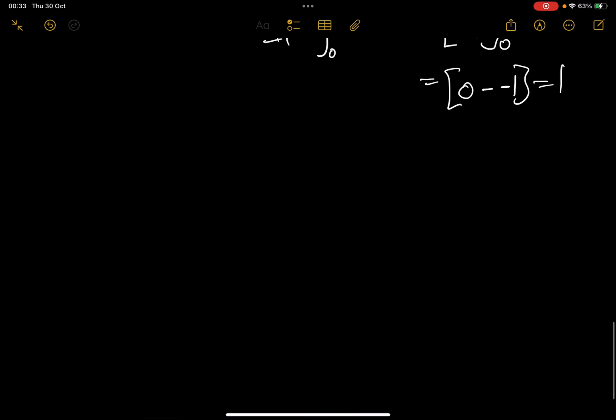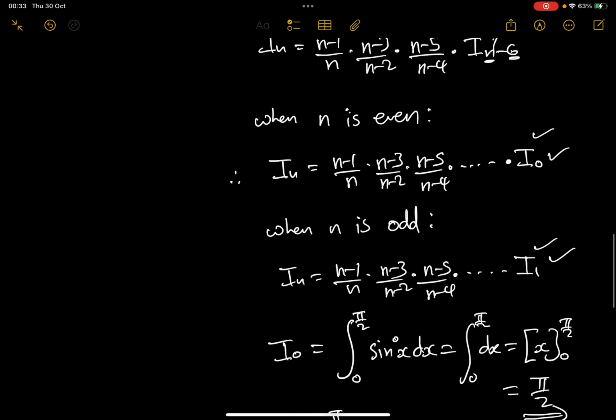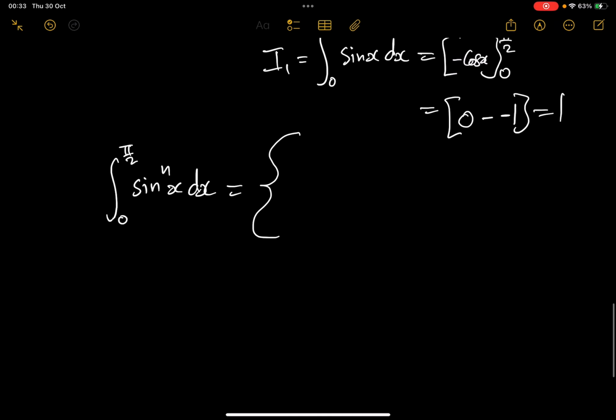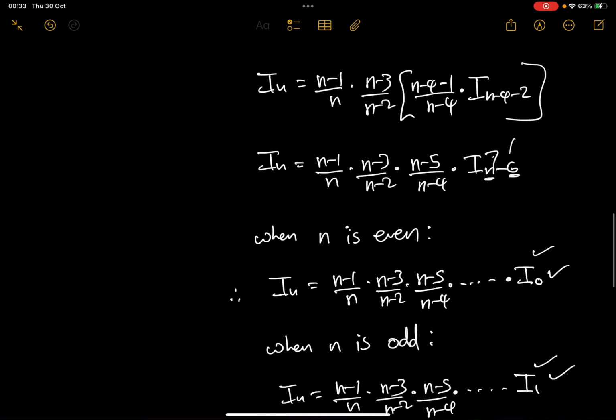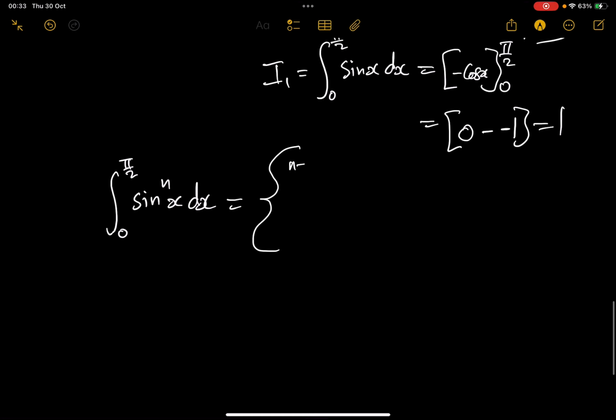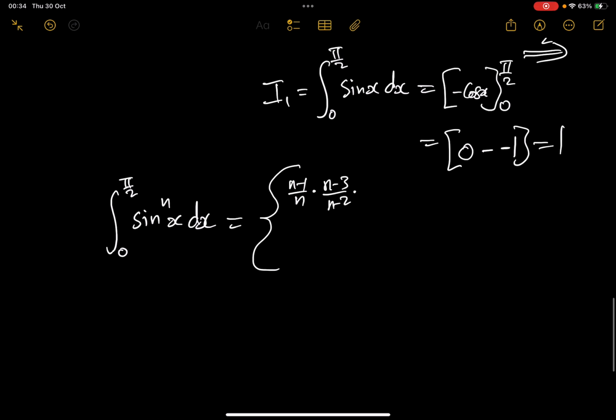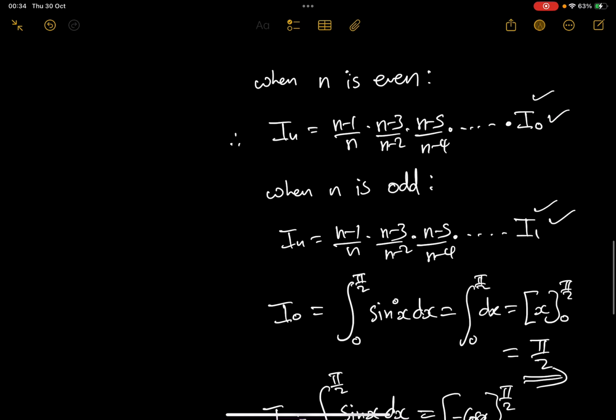So we can say that the integral from 0 to pi over 2 of sine^n x dx is equal to (n-1)/n times (n-3)/(n-2), (n-5)/(n-4), and then (n-7)/(n-6), right?